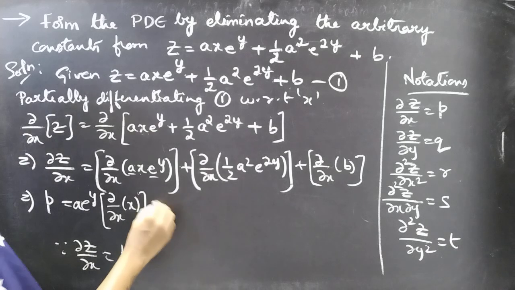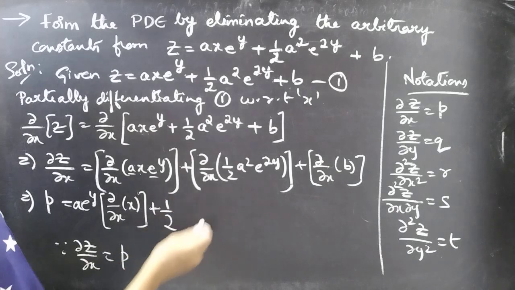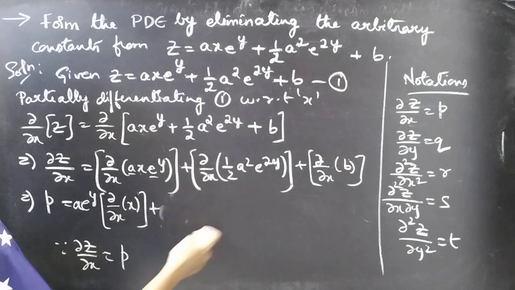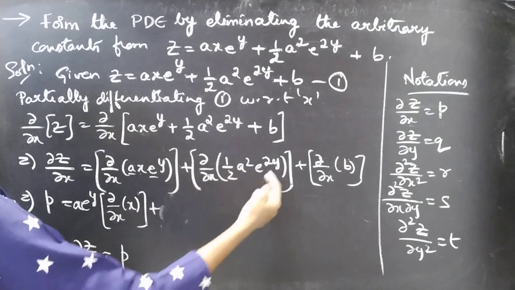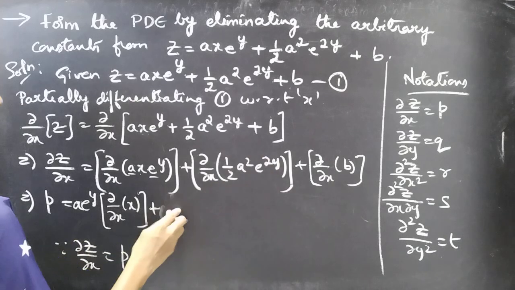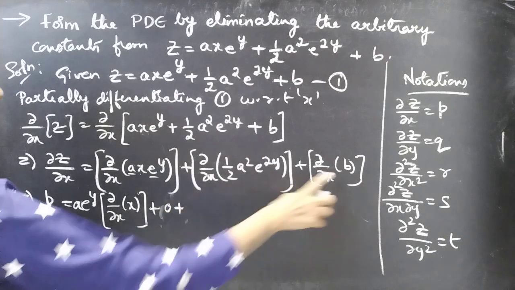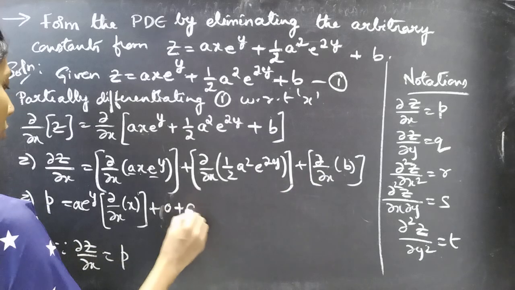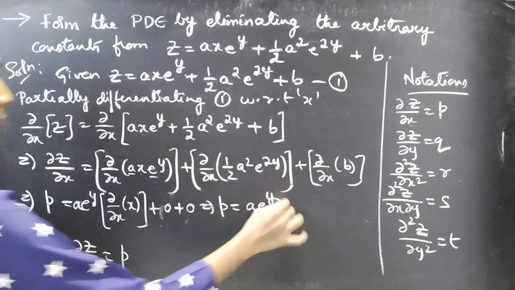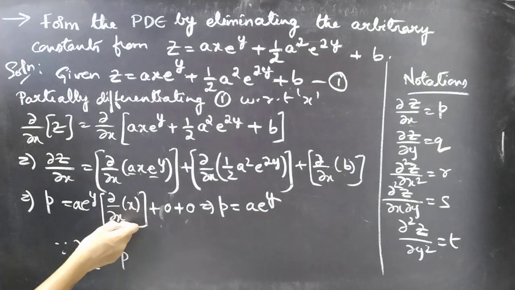Plus constant 1 by 2, we don't have terms in x here, so we'll treat everything under this bracket as constant. The partial derivative of a constant with respect to x is 0, plus the partial derivative of a constant with respect to x is 0, which gives us p equal to a e power y into the partial derivative of x with respect to x, which is 1.